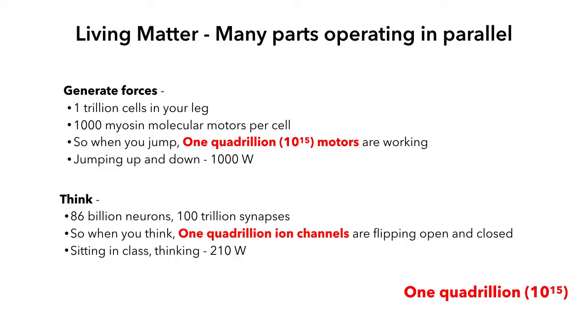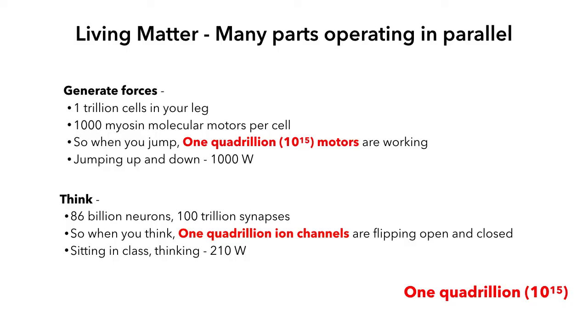In living matter, you typically find a very large number of things working synchronously. For example, if you jump up, 1 trillion cells in your leg have to work together to, in aggregate, bring about the motion. And 1 quadrillion, 10 to the 15 motors have to coordinate their activities for you to be able to jump off the ground.